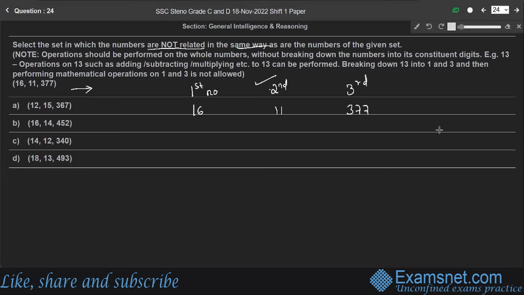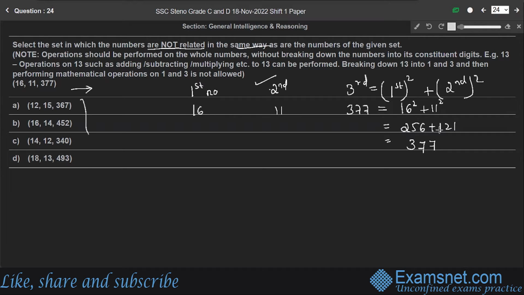I can write 377 as 16 square plus 11 square. 16 square is 256, 11 square is 121. Therefore, we get 377. So the third number is equal to the square of the first number plus the square of the second number, right?